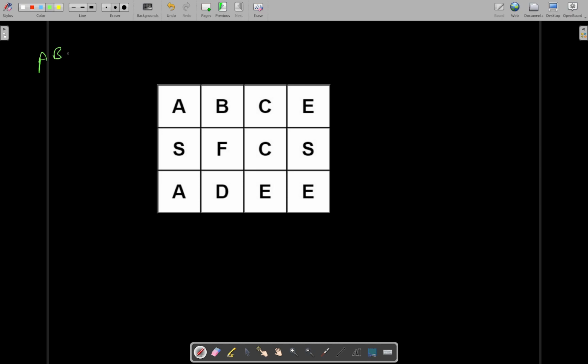So you can see that this word although can be formed like this: B, A, B, then C. Okay, and then again you can go to B, but this revisiting of the same cell, or use of a cell more than once, is not allowed.